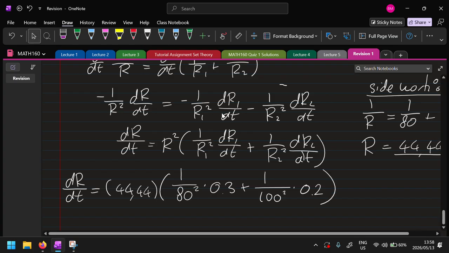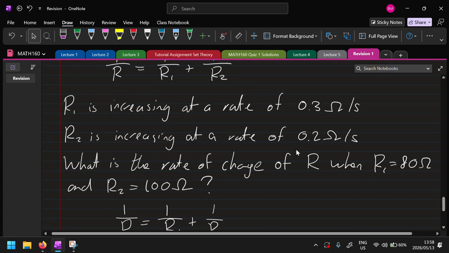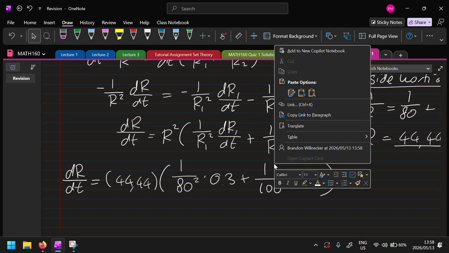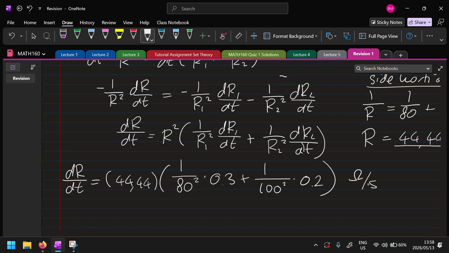Again, you got your calculators, you can simplify that. And then the units, so resistance, that's in ohms. T, let's see what that was. Right, we said here ohms per second. So units is ohms per second. Okay, again, please do not leave out your units. It's 1 mark, right? You put your units, you get your mark.